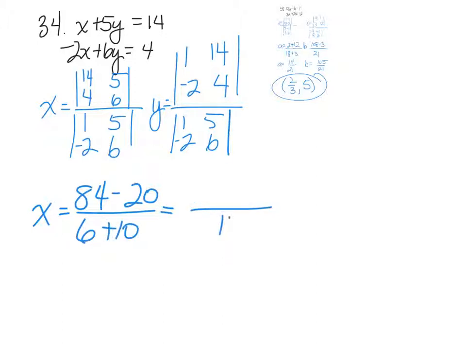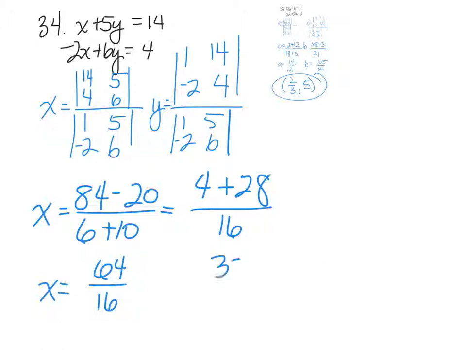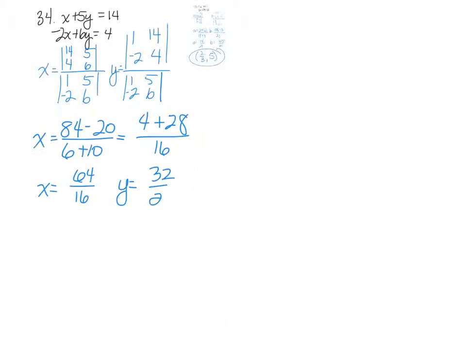Again, I knew that's the same. 4 minus negative 28. So I've got 64 divided by 16 and 32 divided by 2. So x is 4 and y is 16.